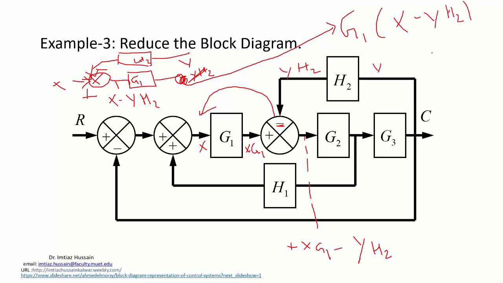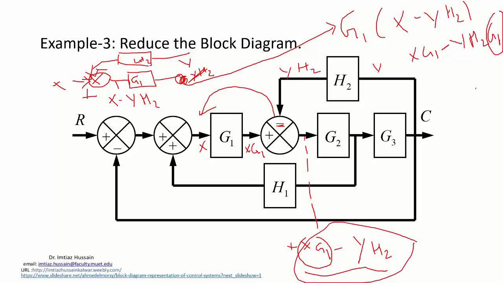But what you actually required was the signal xg1 minus yh2. So the additional term that you are going to get is, xg1 is the same term that you saw here, minus yh2 multiplied by g1. So this g1 is an additional term that you got compared to this expression. Now you're required to eliminate this G1.